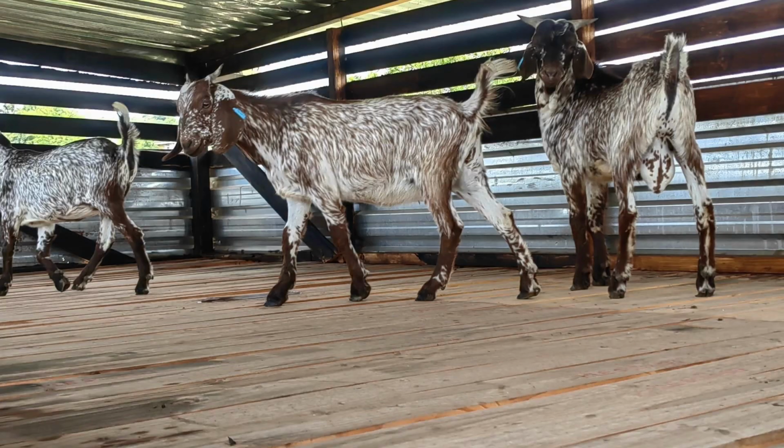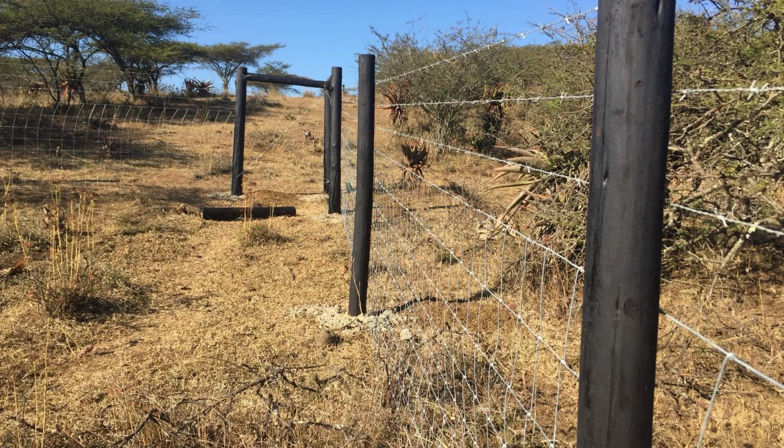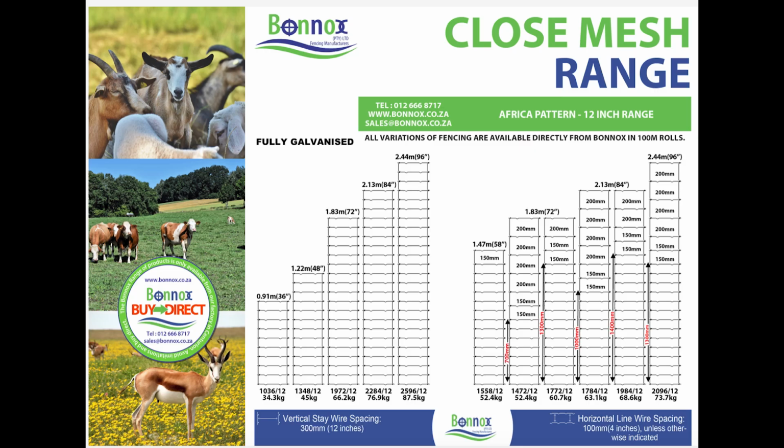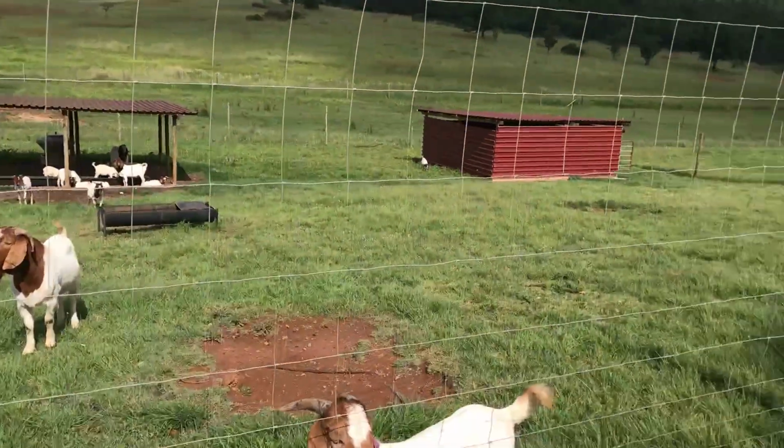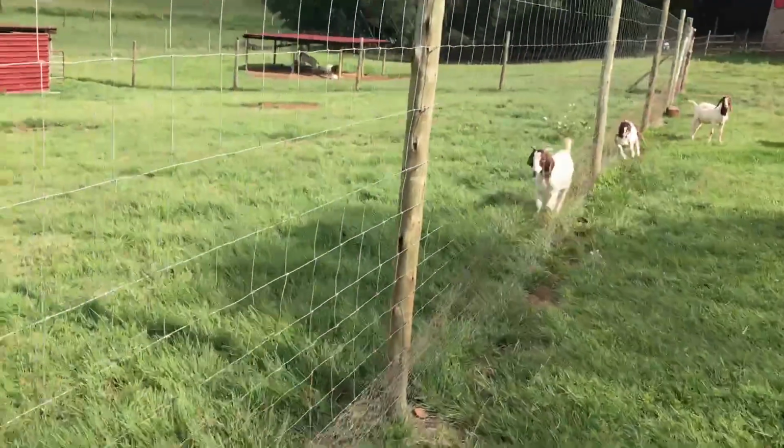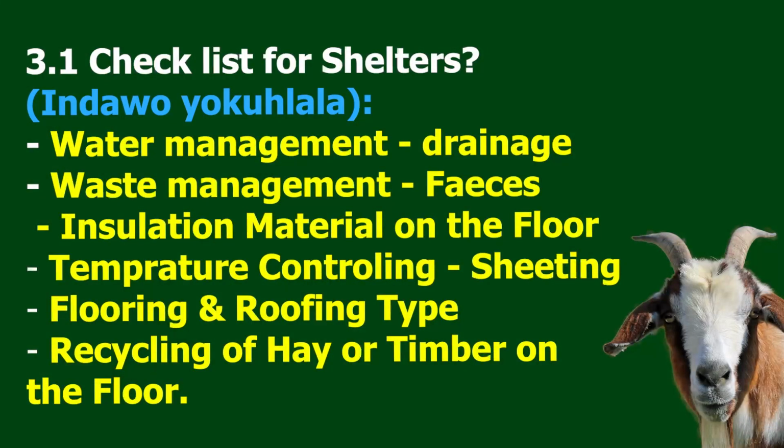In order to choose the right goat structure, here's a list of questions that you need to check before you actually start. What type of water management system or drainage system will you be using? What type of waste management system to collect all the waste from feces and others?